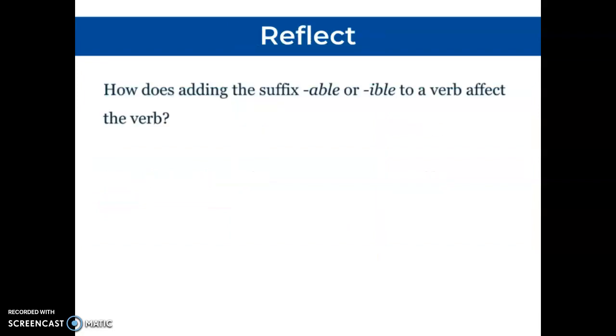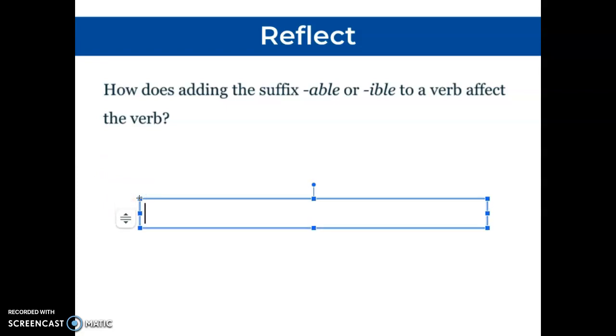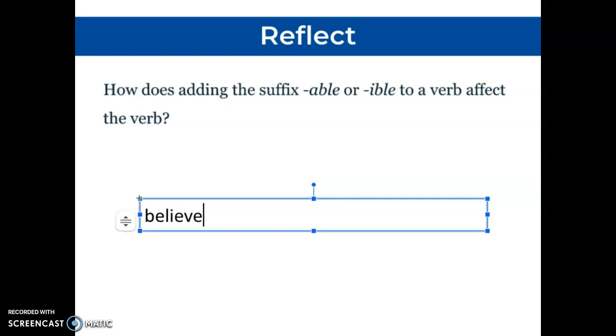And so, quick reflection, how does adding the suffix able or ible to a verb affect the verb? So, for example, with the one we just looked at, that word believe is a verb. Believe is something that you can do. Now when we add able to the end, we've just made it into an adjective, because if something is believable, we're describing it.